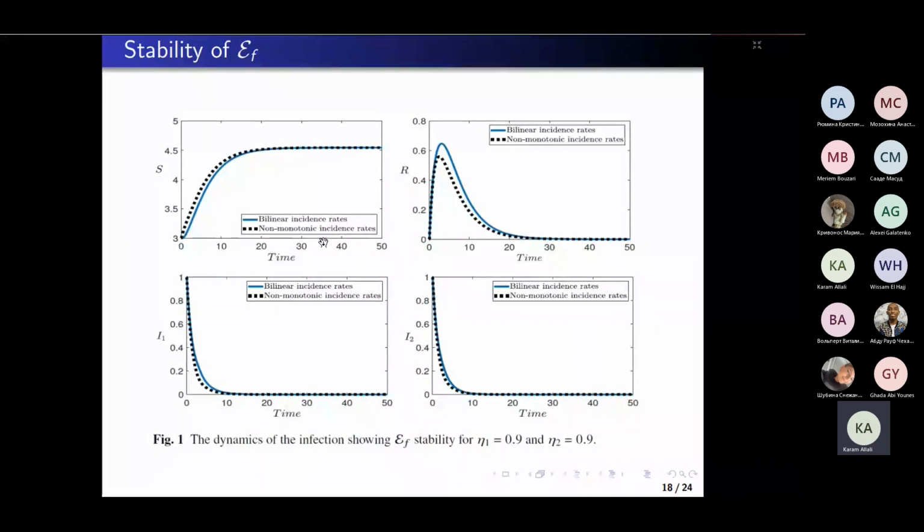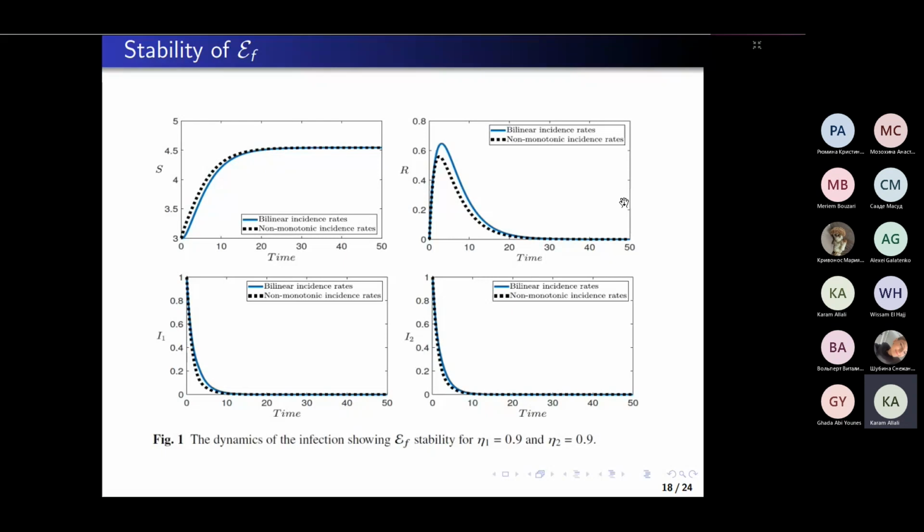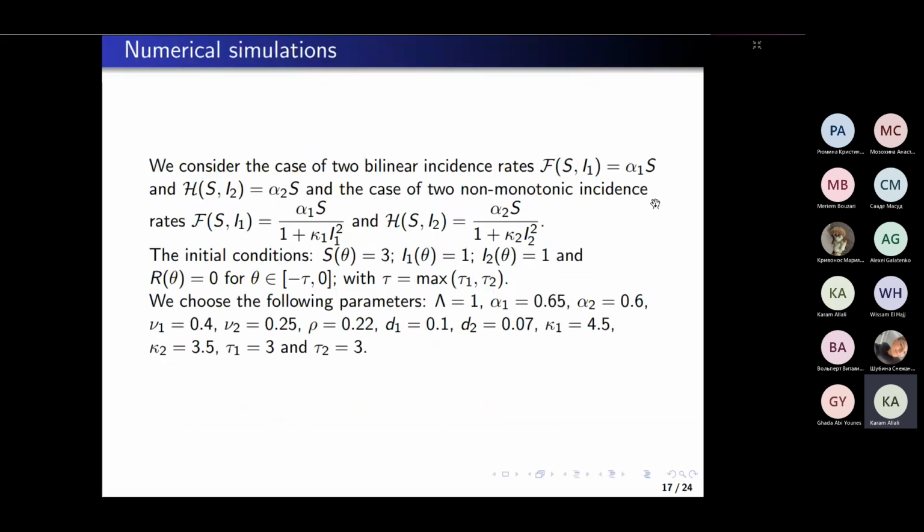If we look here, the susceptibles go to their maximal value, and we check here that it's lambda divided by rho.